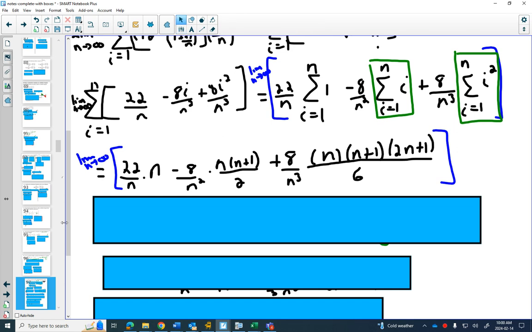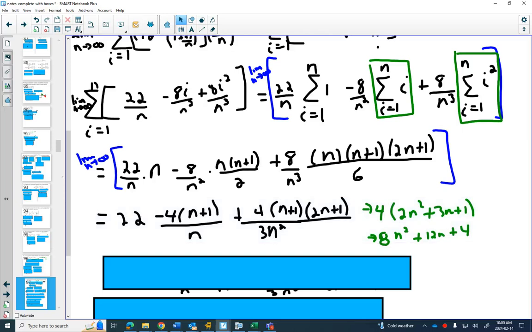I should have that limit out in front. And we do some simplifying.